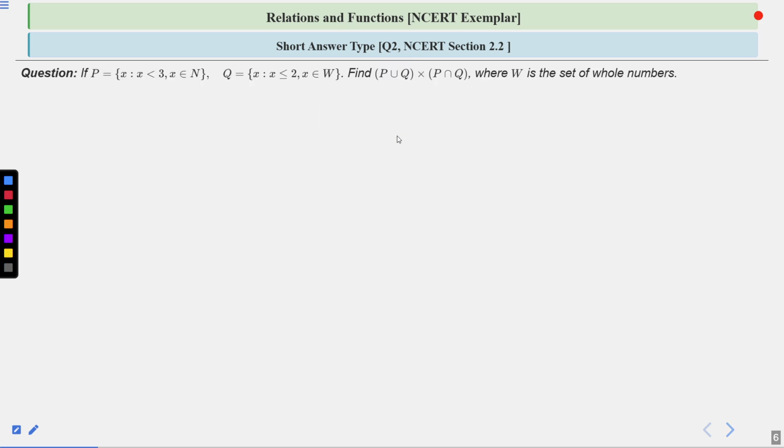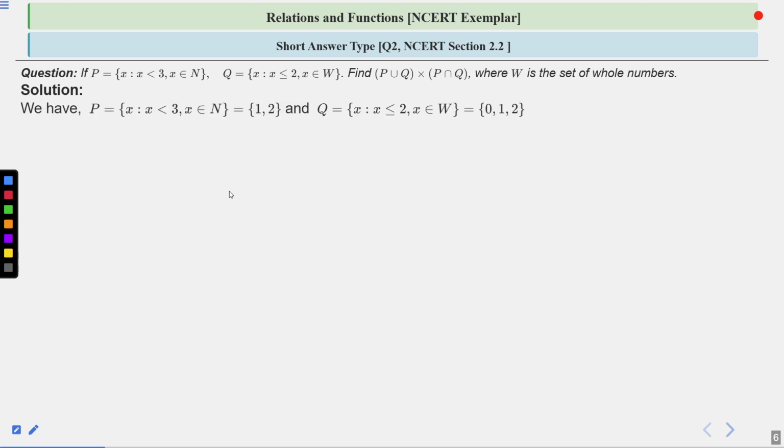The question is very simple. P and Q sets are defined in set builder form and we have to find the Cartesian product between P union Q and P intersection Q, where W represents the set of whole numbers. Solution.